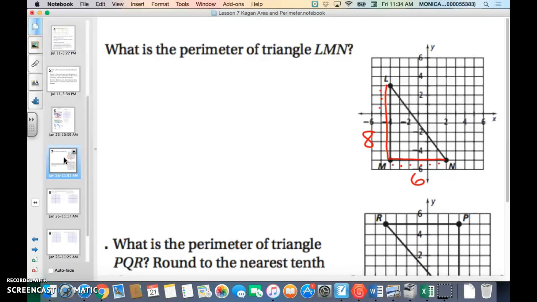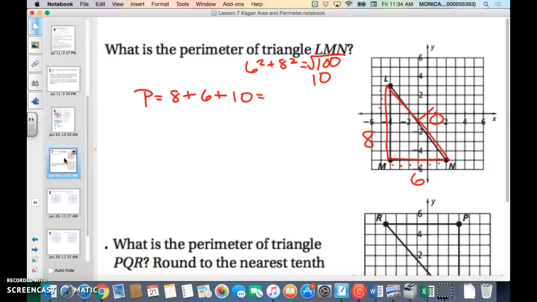So to find the length of this side, it's just going to be 6 squared plus 8 squared, which equals 100. The square root of 100 is 10. So I know this side is 10. Now if I want the perimeter, it's just going to be perimeter equals 8 plus 6 plus 10, which is 24.